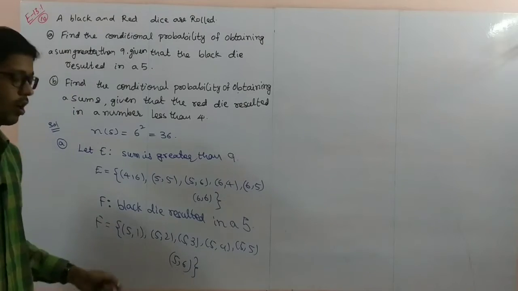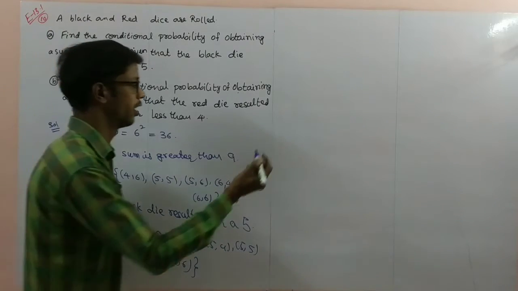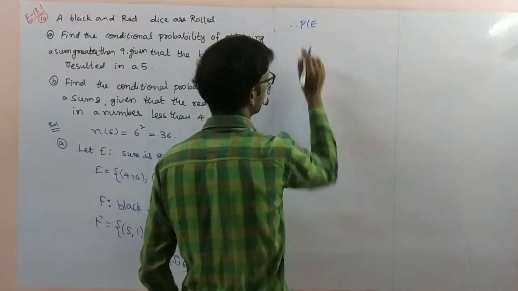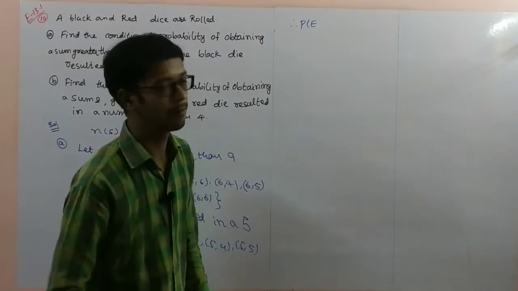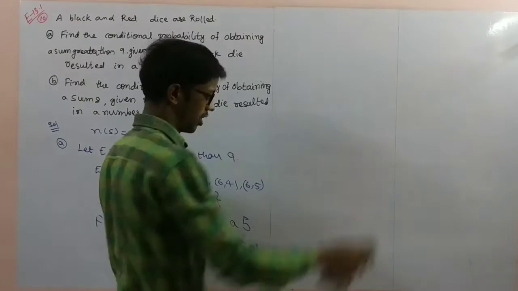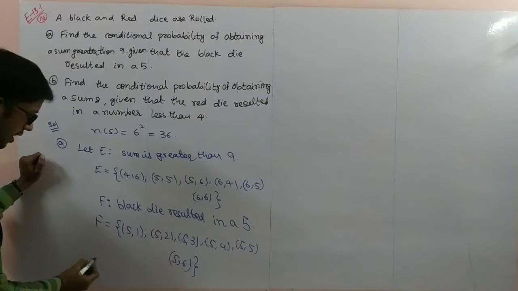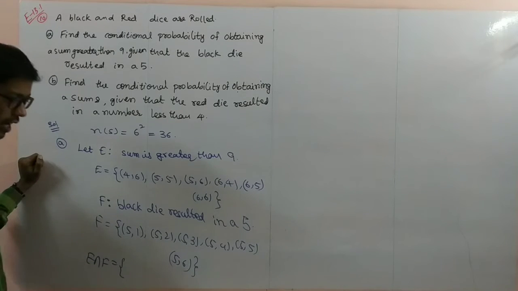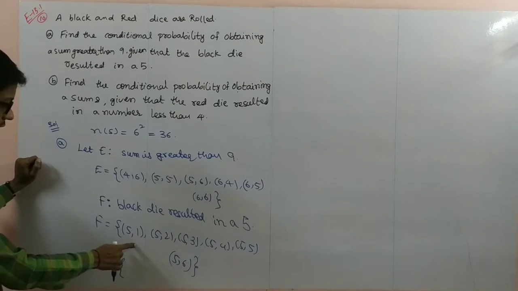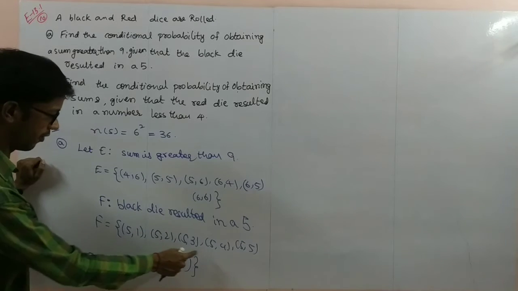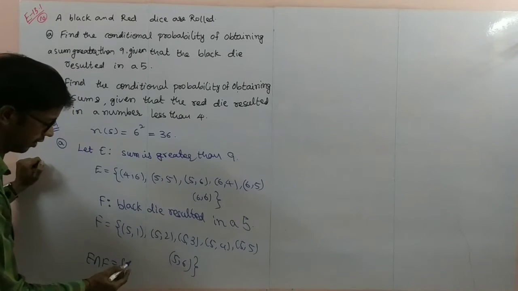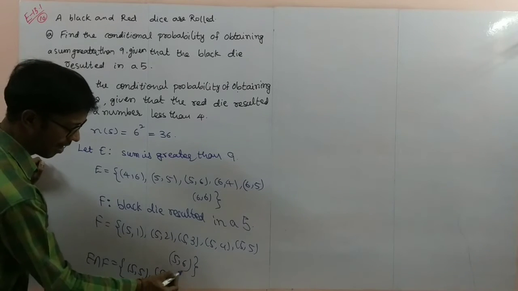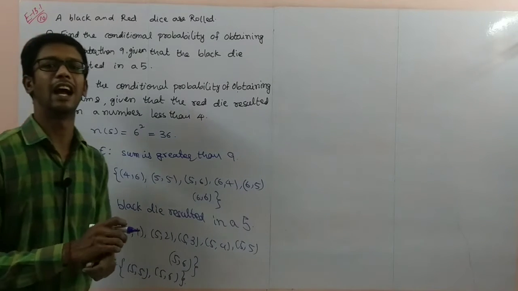These are the outcomes of F. Before writing the probability, I will find E intersection F. What is the intersection between E and F? You can observe 5 5 and 5 6 are the common part between E and F.